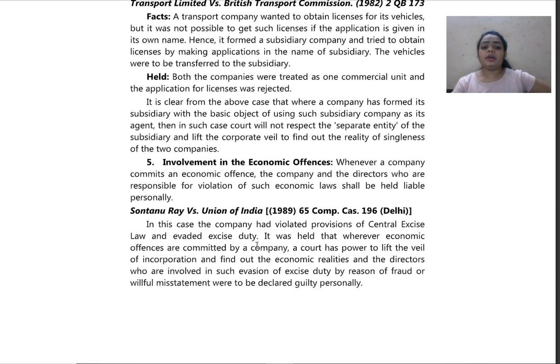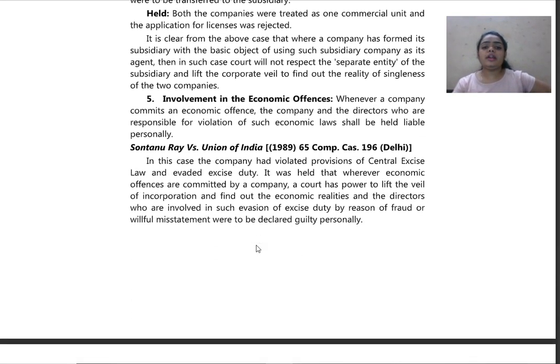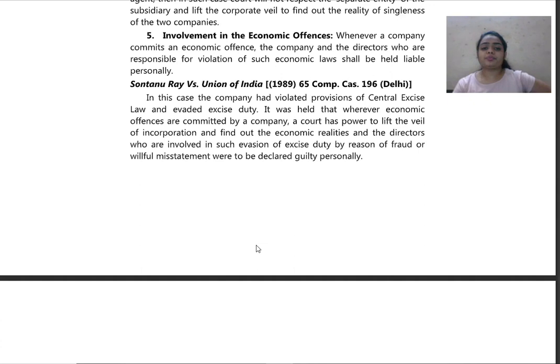Now further we have involvement in economic offenses. So what does this say? Whenever a company commits an economic offense, the company and the directors who are responsible for the violation of such economic laws shall be held liable personally.